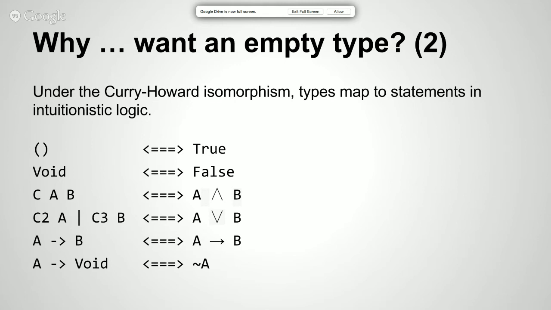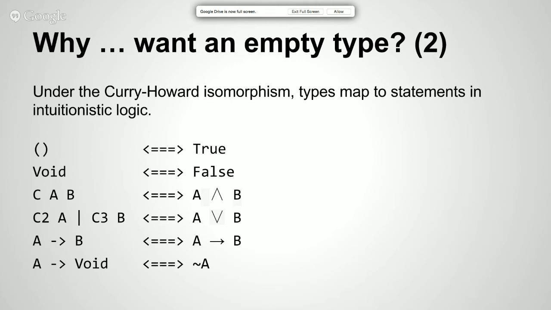A union type, C2 of A or C3 of B, that means you have an A or a B. A function from A to B is analogous to A implies B in intuitionistic logic. If you want to say not A in intuitionistic logic, the way that you do that is you show a function that takes an A and returns Void.